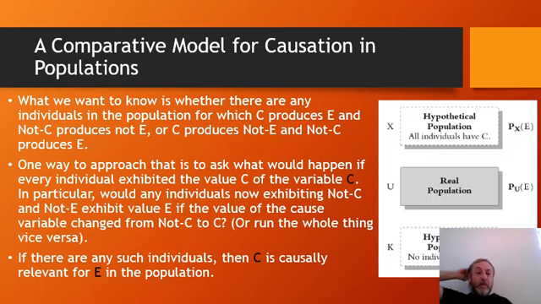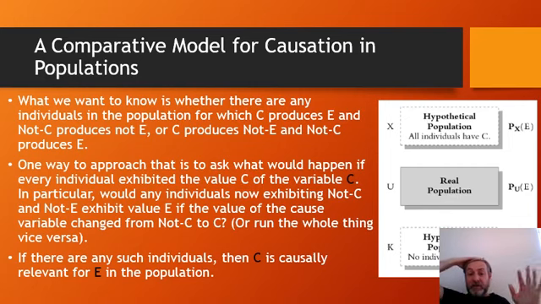So one way to think about that is to ask, what would happen if every individual in the population exhibited the value C of the variable? In particular, suppose that all of the 100 in our population did have the causal variable. Would any that currently do not have the causal variable and do not have the effect change to having the effect?